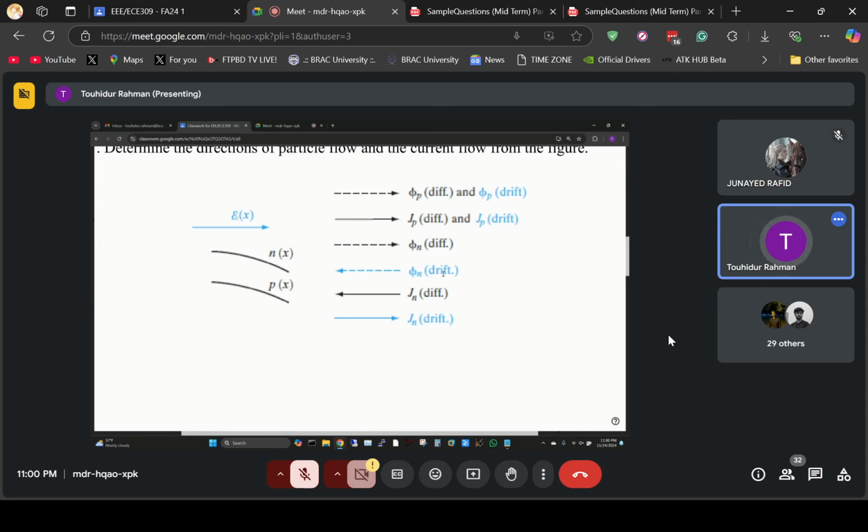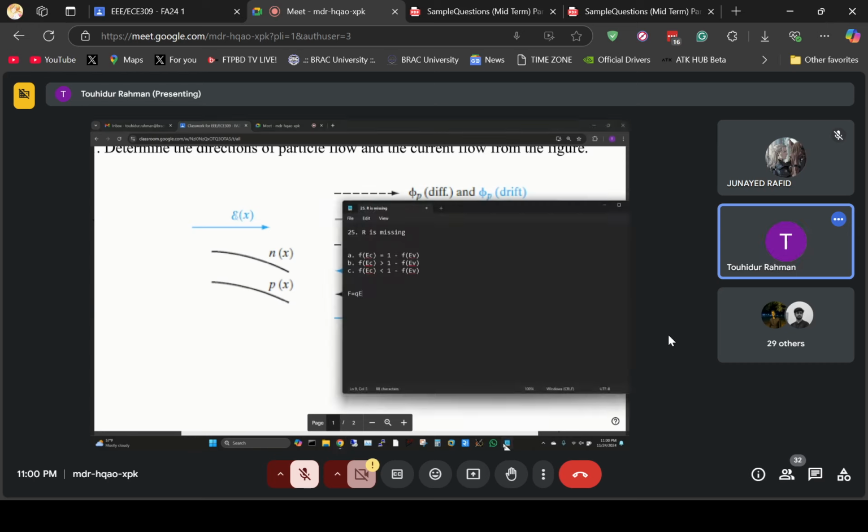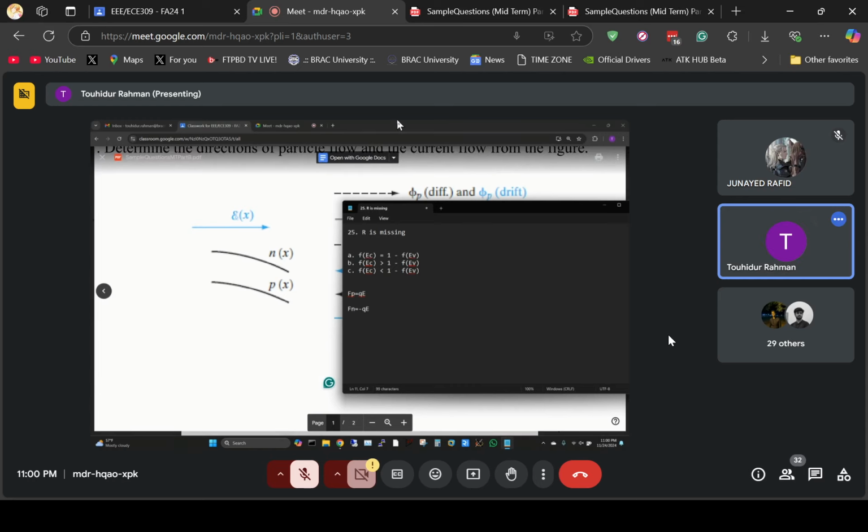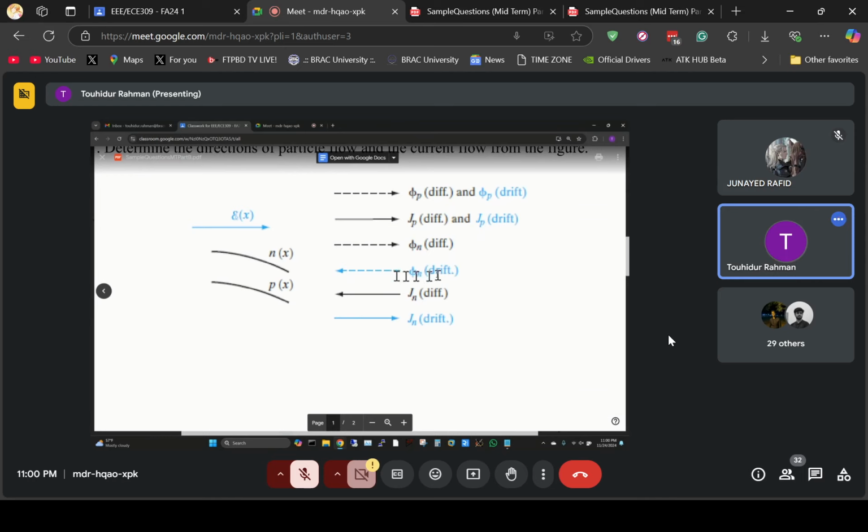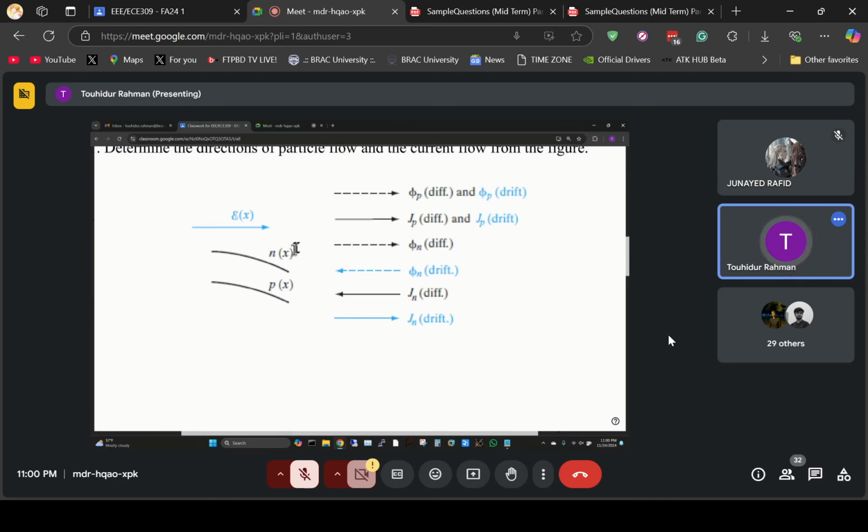And for the drift of electrons, we know the equation: Fp, and Fn will be minus Qe. Since for electrons we have a negative sign, the drift of electrons will be in the opposite direction of the electric field.